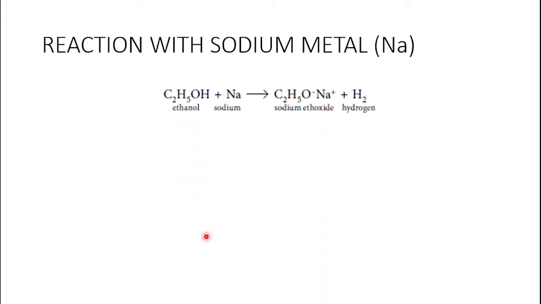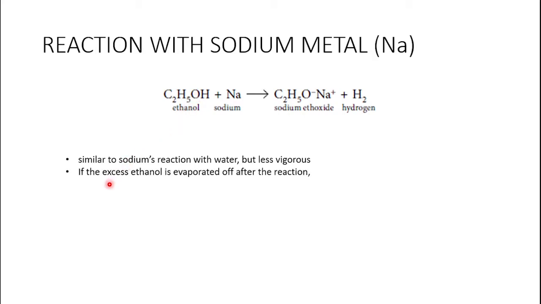Now we're going to talk about the reaction of alcohol with sodium metal. This is the equation. It's just ethanol added with sodium, and it forms sodium ethoxide with hydrogen gas. This reaction is similar to sodium's reaction with water, but this one is less vigorous due to the density of this.